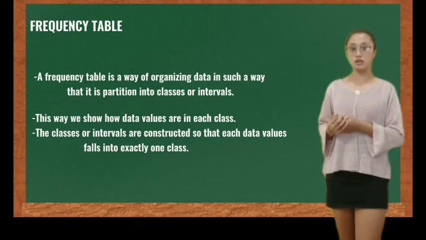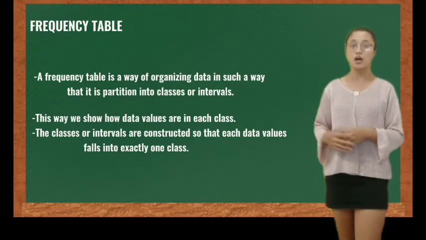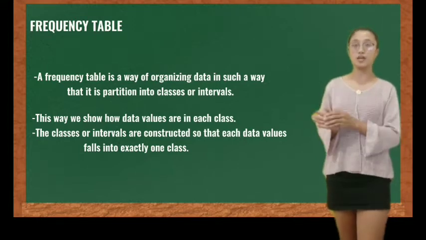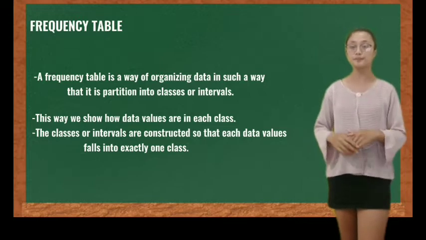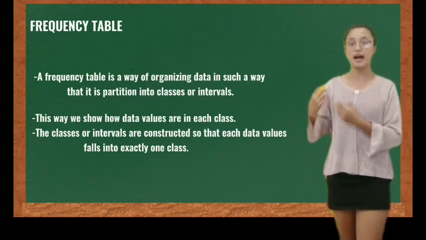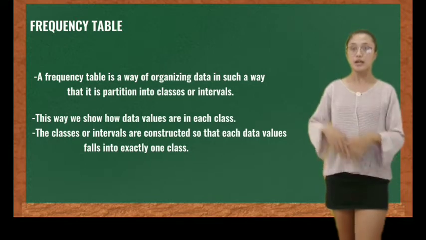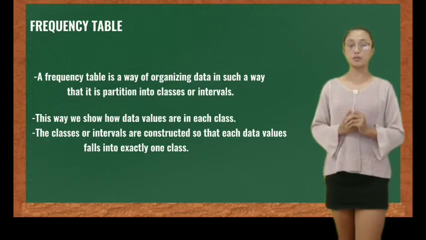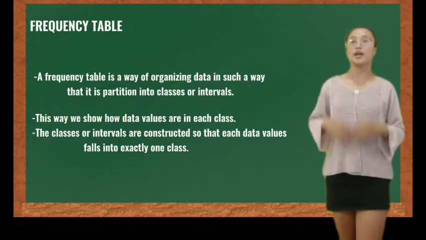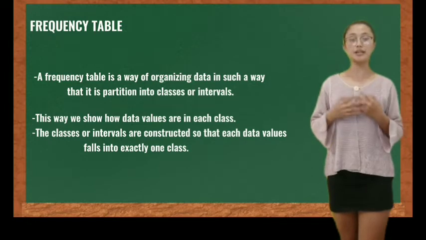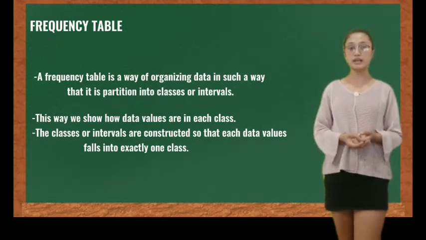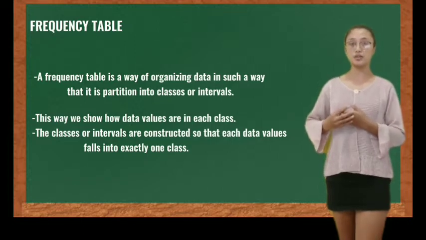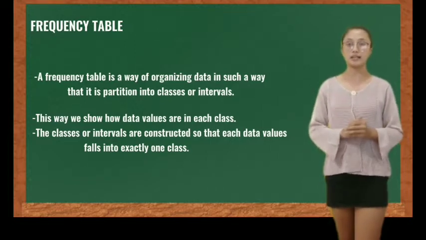A data value will fall into a bin, or a range of numbers, and we classify it as part of that and count it as one of the frequencies in our frequency table. We show how many data values are in each class, and the class intervals are constructed so that each data value falls into exactly one class.